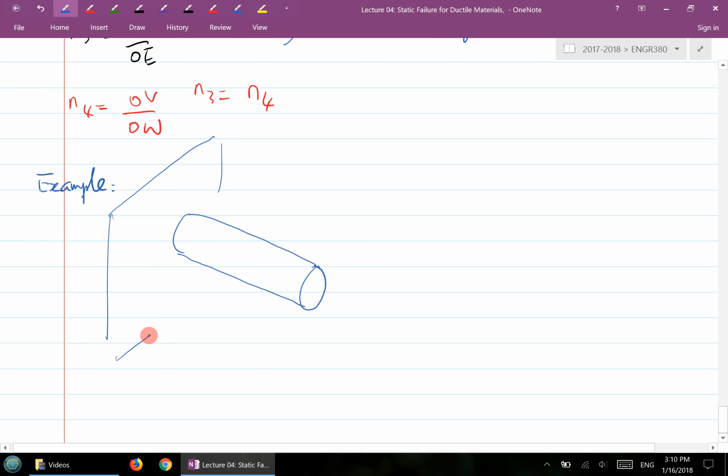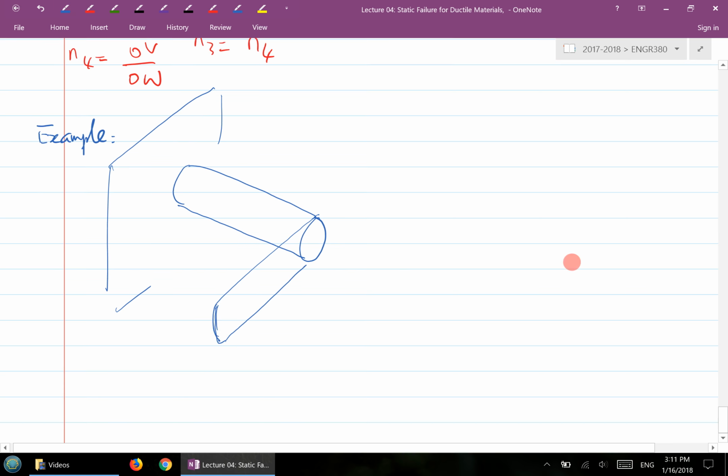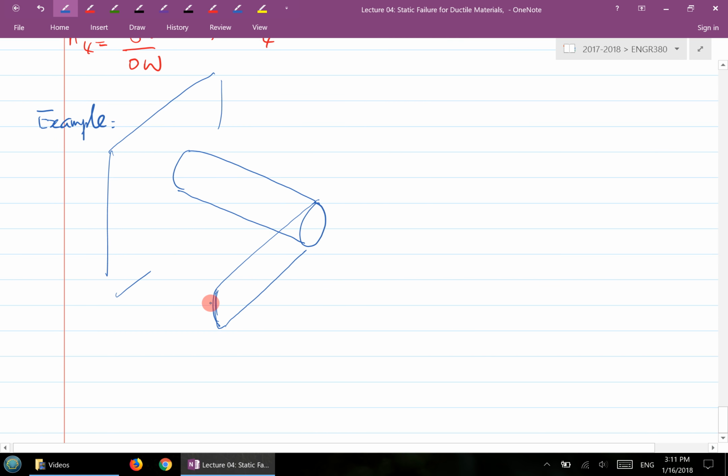This bar here is fixed to the wall, and there's a crank at this side, a crank arm. This arm is over here, and you have a force applied at the end of the arm.